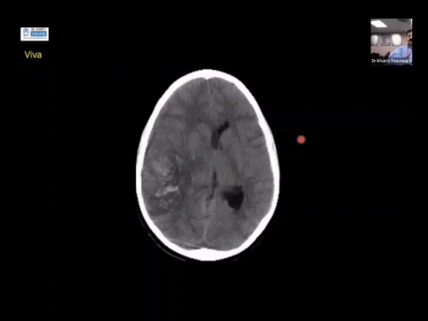Candidate 1, can you tackle this case? Yes, so this is a plain axial CT head slice showing an area in the right parietotemporal region, showing increased density centrally, which is linear, with some associated edema and mass effect, pushing the right lateral ventricle, the left lateral ventricle to the right, and midline shift to the right as well.